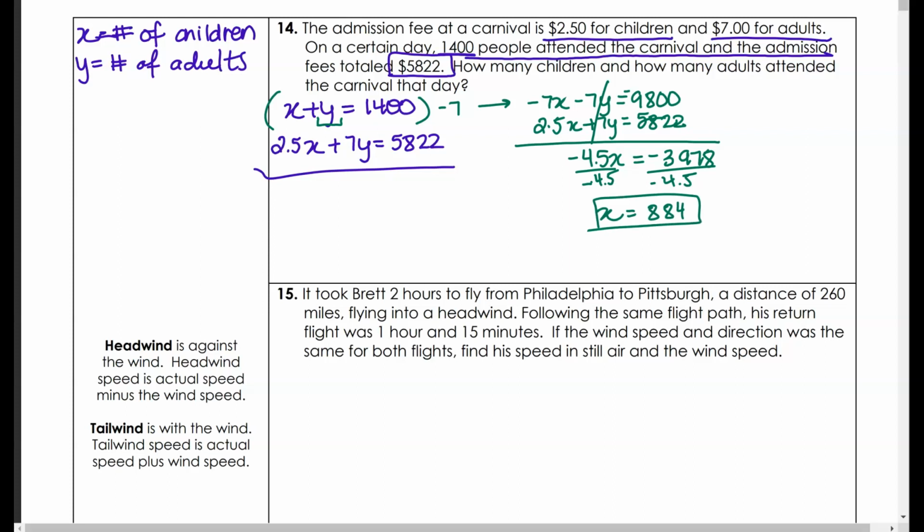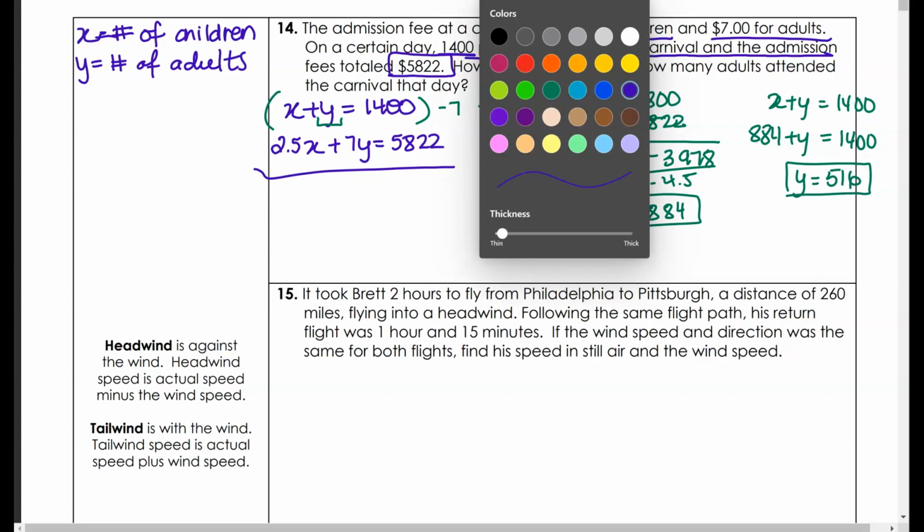Well, I also know that X plus Y equals 1,400. So if X is 884 plus Y, and that equals 1,400, I'd subtract 884 from both sides. I end up with Y equaling 516. So again, our problem is in words, so we should respond in words.